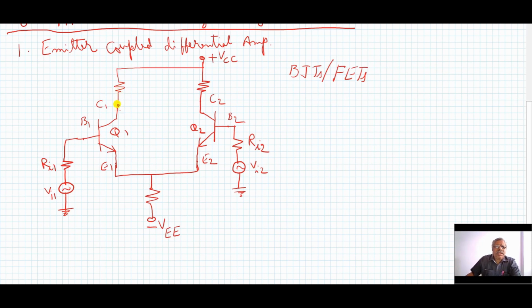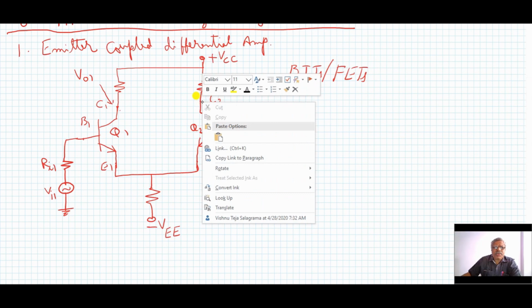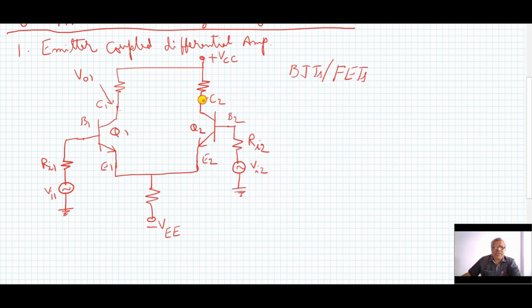And the outputs at collector 1, let us represent with V01, and the output at collector 2, let us represent with another symbol V02. Now for this differential amplifier, the actual output is taken between the two collectors, which is represented with V naught.